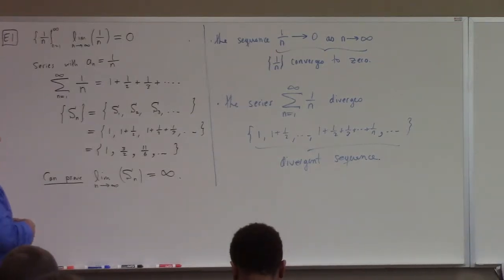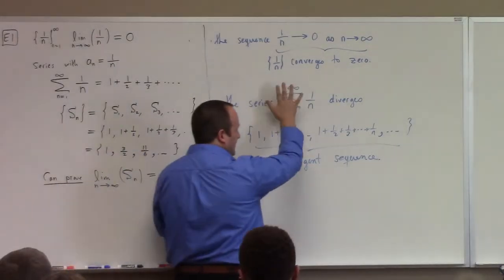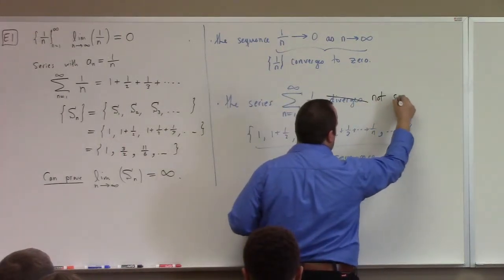So the sequence converges to 0, but it's a divergent series. The series is not summable. This series is here not summable. Why?